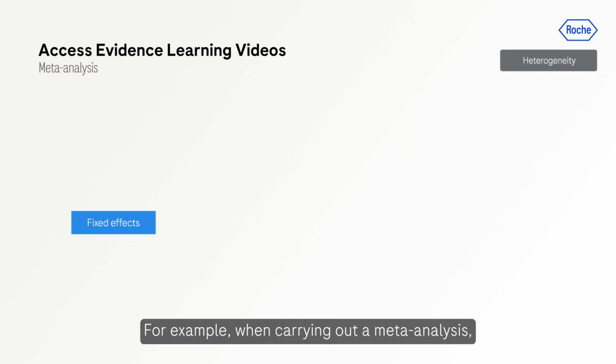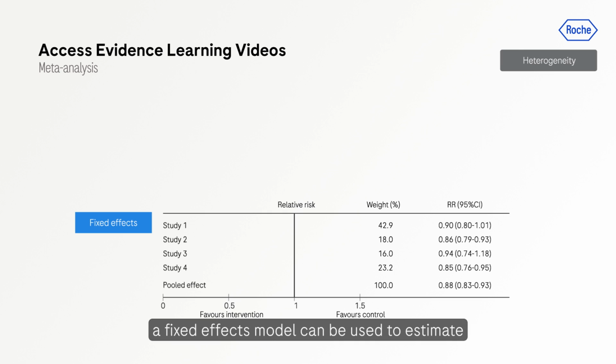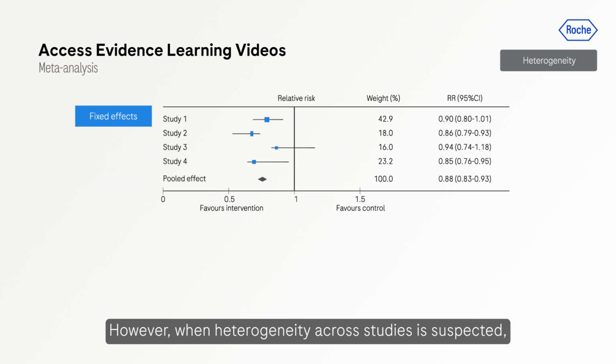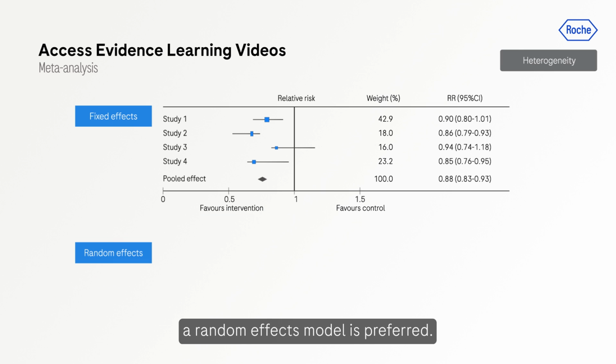For example, when carrying out a meta-analysis, a fixed effects model can be used to estimate the impact of a new intervention as if there were a single true value underlying all results. Any variation seen would be assumed to be due to chance. However, when heterogeneity across studies is suspected, a random effects model is preferred.